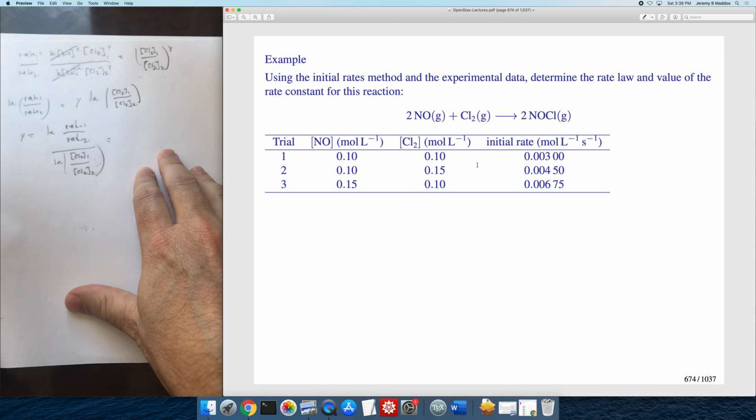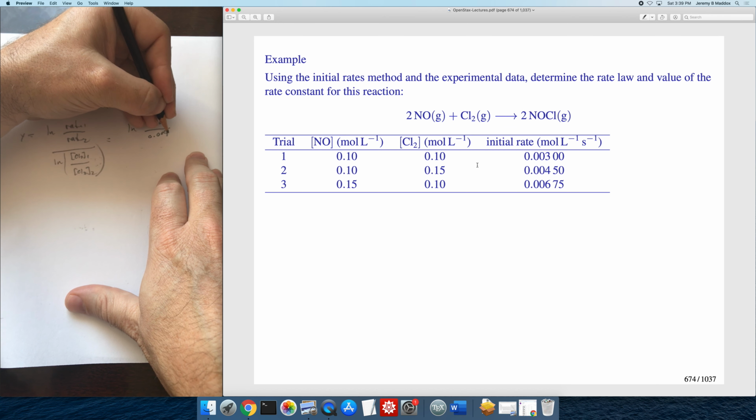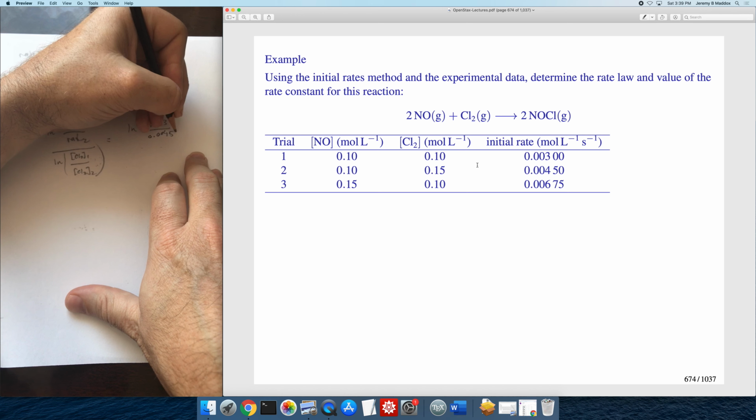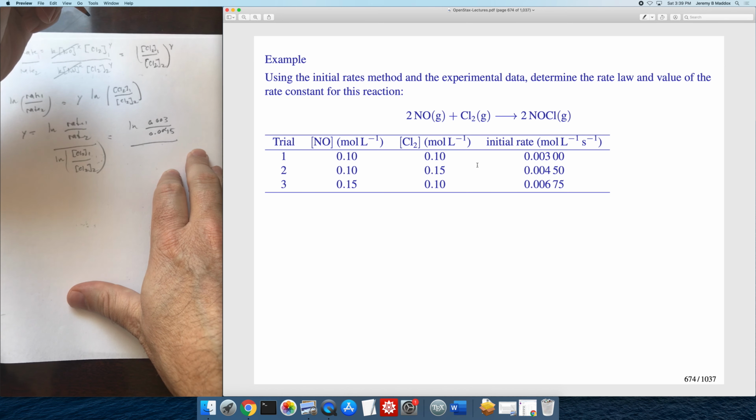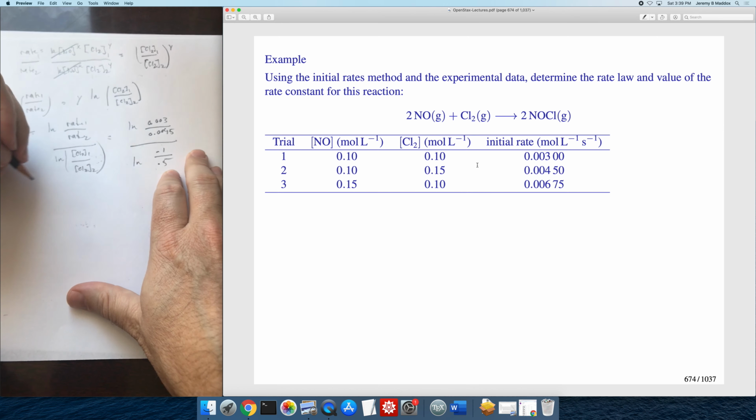And plug in the numbers, so it'll be natural log of 0.003 divided by 0.0045 over natural log of 0.1 divided by 0.15.